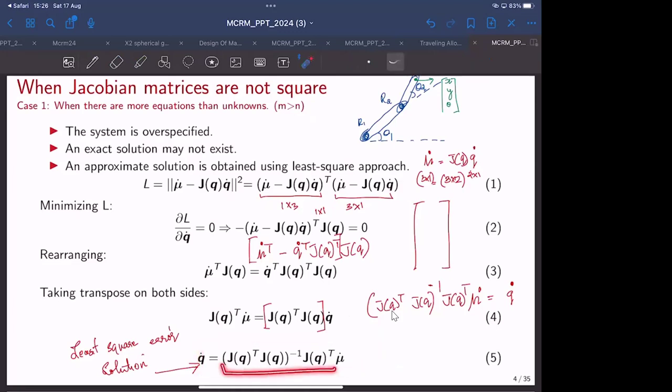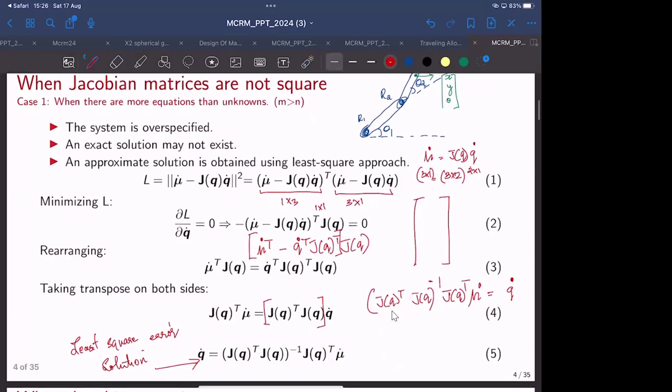This entire thing is called the pseudo inverse. Instead of a regular inverse, we call this entire term the pseudo inverse. And in this case, we call this entire term the left pseudo inverse.